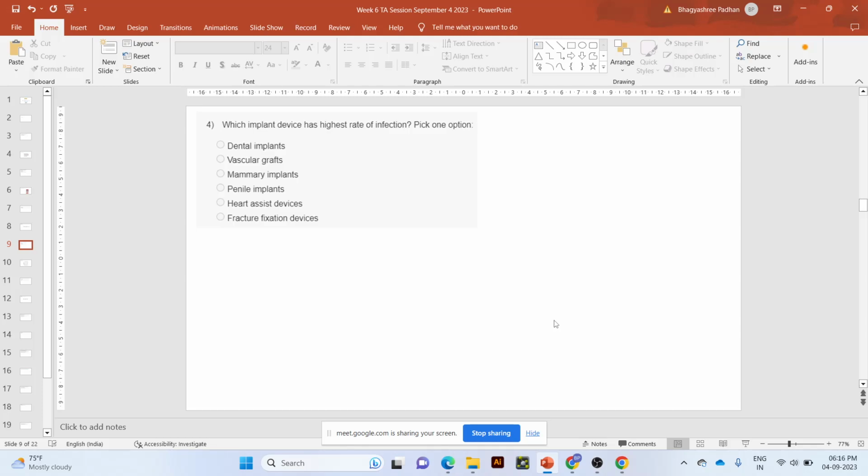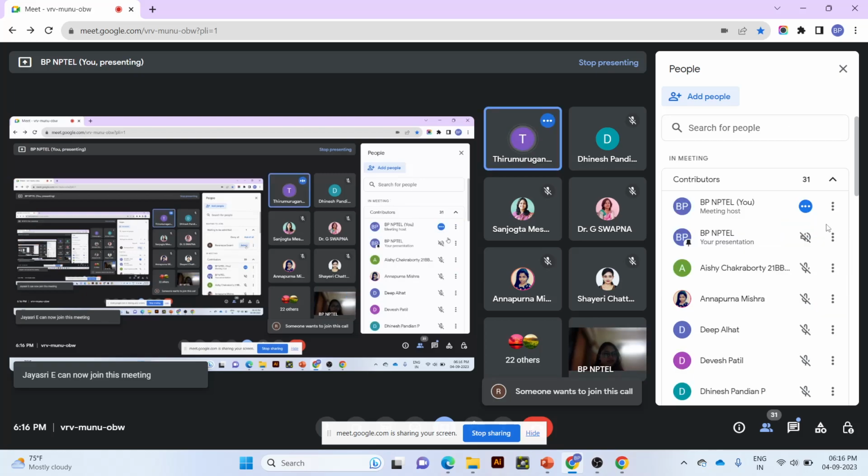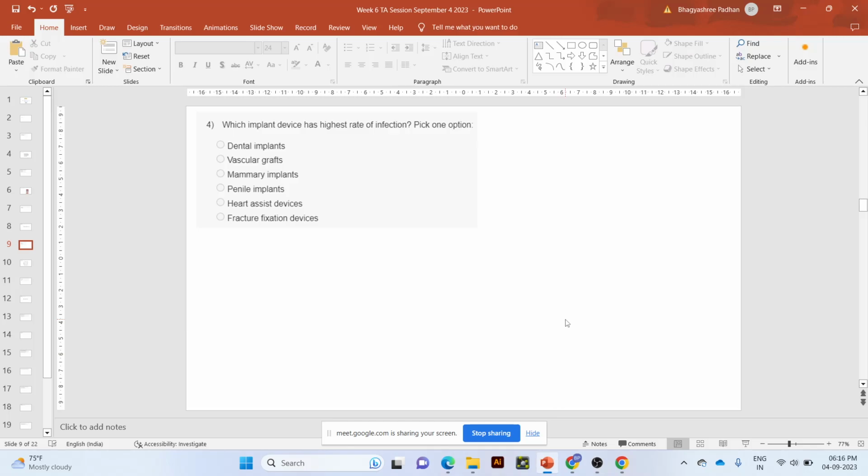Okay. Fracture fixation devices. Okay. Anyone else has any other answer? Which implant device has the highest rate of infection?